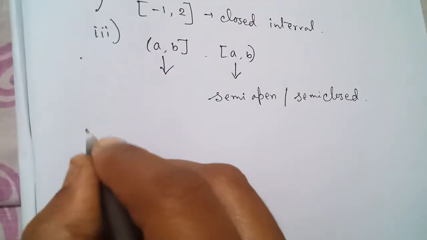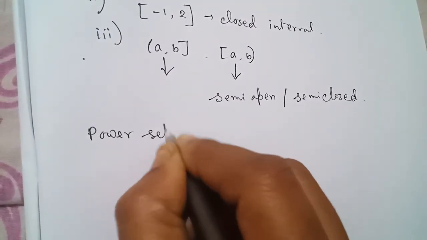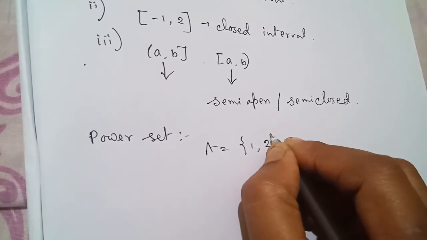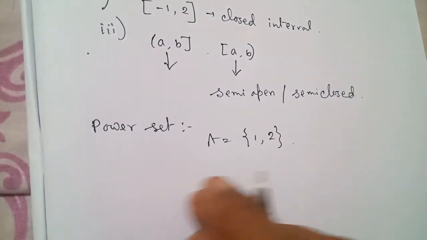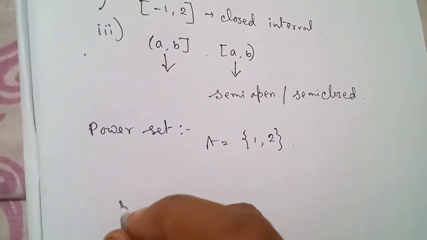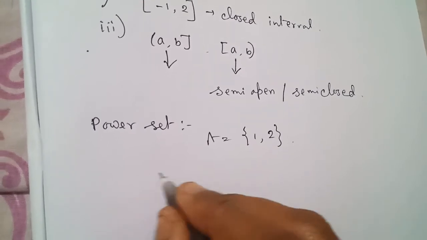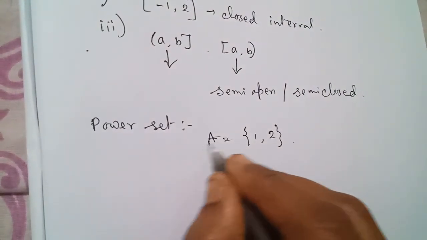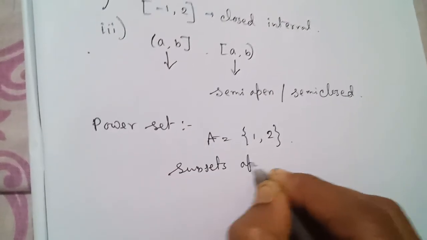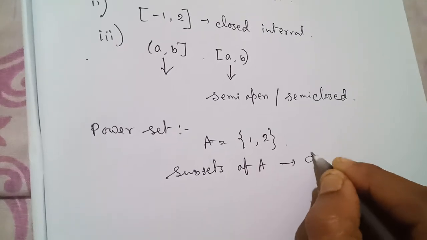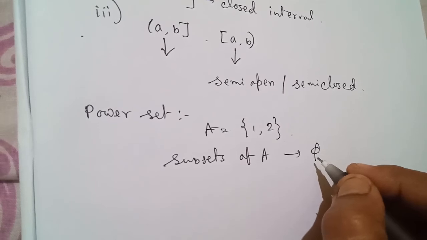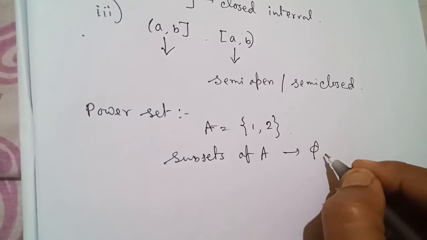Okay, next is power set. Let A equals {1, 2}. I am taking a very small set so that you can get the idea very easily. First of all, subsets of A. When we are thinking of subsets, we will always write phi first, because I told you that phi is a subset of every set.